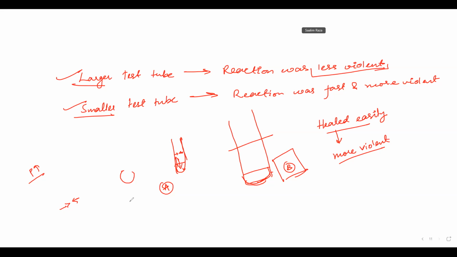Isn't that right? If you have the same amount and the volume is low, the pressure gets high, na? Now, if pressure is also getting high, then the reactants will be coming in contact with each other more often. And if they are coming in contact more often, then the reaction will be faster. And if it is faster, it will be more violent. Yes, agree. Got it? Okay.